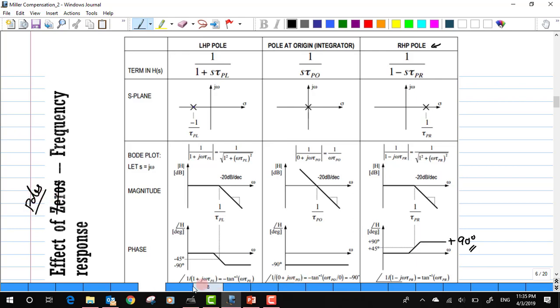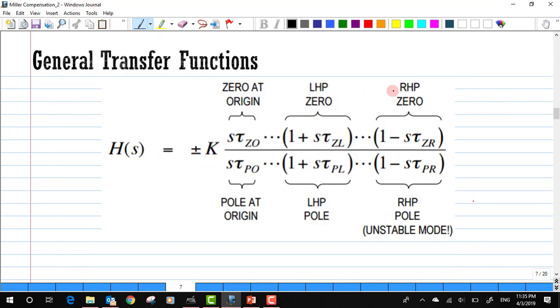Yeah. So with this let me try to talk about a general transfer function, okay. So there are some set of terms placed at the numerator, where I have zeros at the origin and some set of zeros on the left half of the s plane and few zeros on the right half of the s plane.